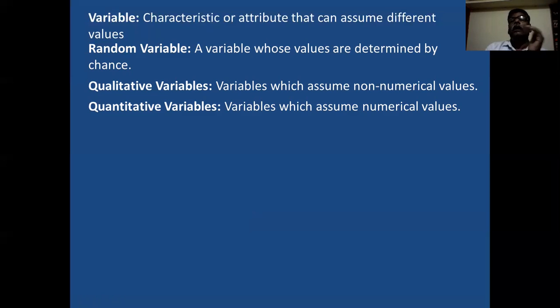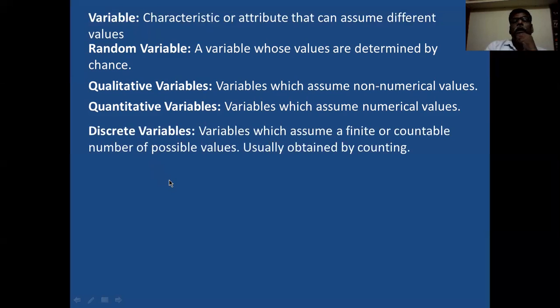For example, height of a human being, weight of a human being, income of a human being, then age of a human being, okay, demand for the product, then price of the product. Like that, if you are able to express in terms of numerical values, that is called a quantitative variable.